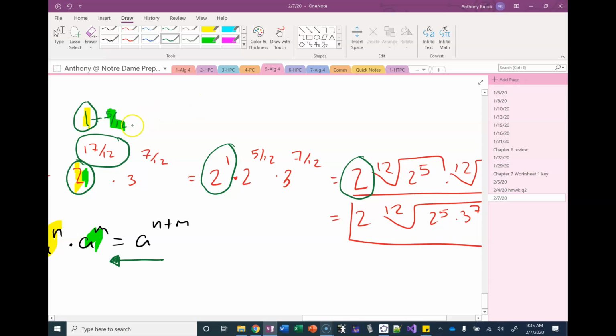So if I took 2 to the 17/12, the 12th root of 2 to the 17th, because the exponent is bigger than the index, you can pull something out. Does that make sense now?